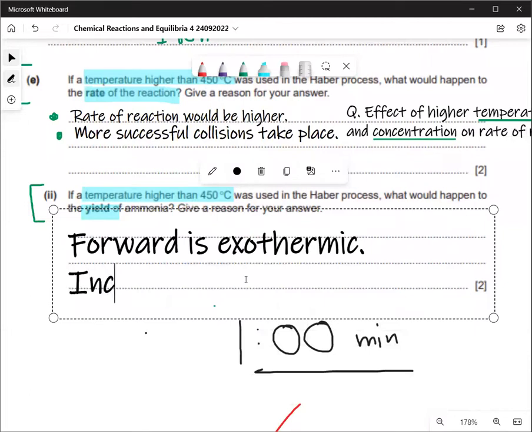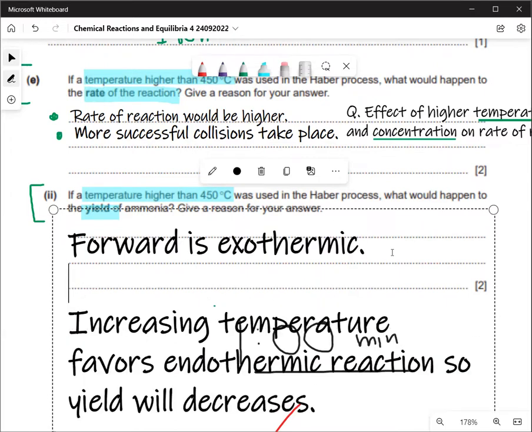Increasing temperature favors the endothermic reaction. So yield will decrease. Now, before you write this, you should also write according to Le Chatelier's principle.